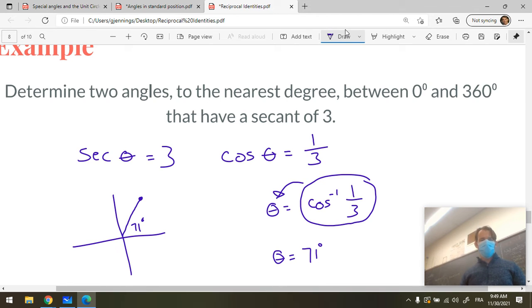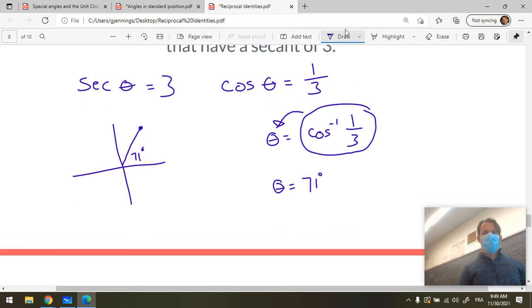Okay, so 71 degrees. What would be another angle related to this angle that has the same cosine? So where would I go for another angle that has the same cosine as 71 degrees?